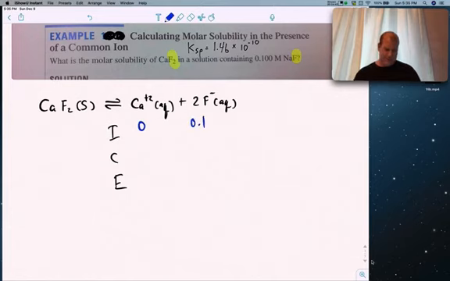So this changes the equilibrium. The change, we're still shifting right. We're still plus S, plus 2S, and equilibrium is going to be solubility, and 0.1 plus 2 times solubility.